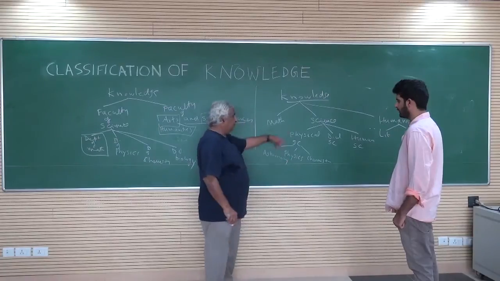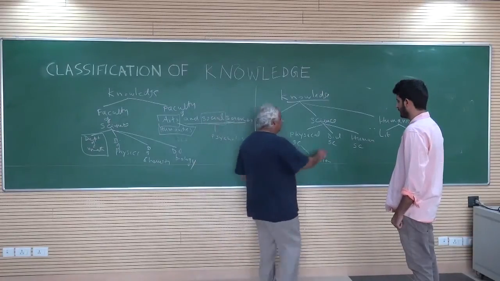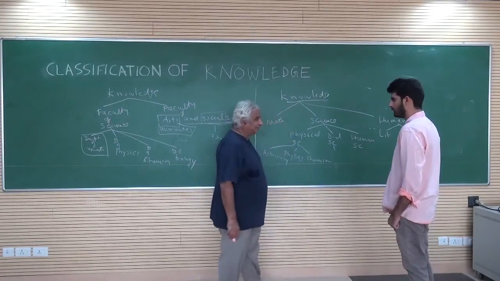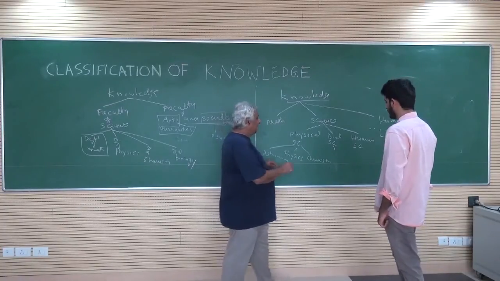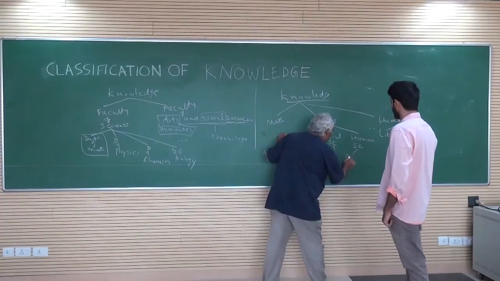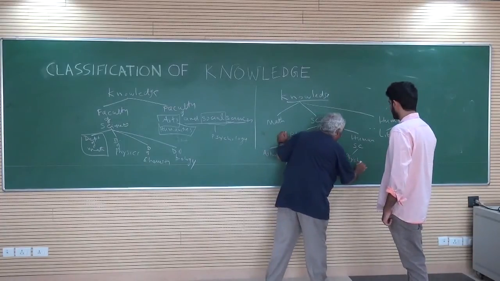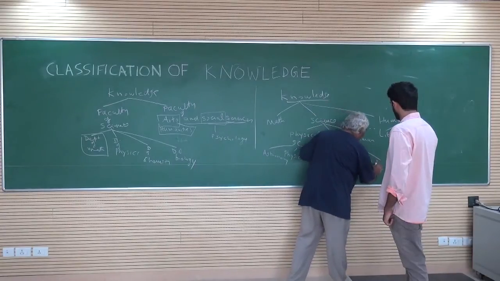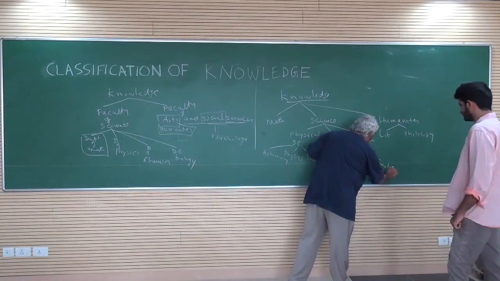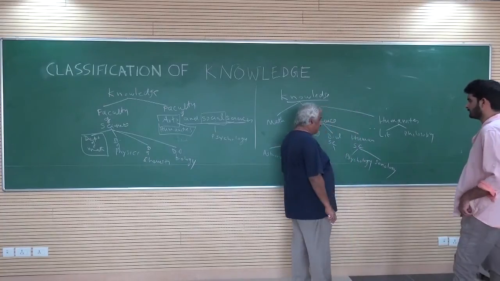All these are physical sciences. Under biological sciences, you will have botany, zoology, evolution, molecular biology, and so on. And under human sciences, you will have psychology and sociology. All these can be treated as sciences.